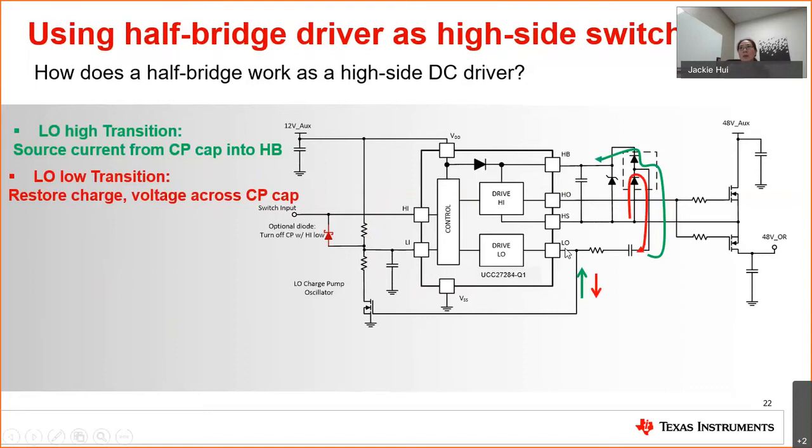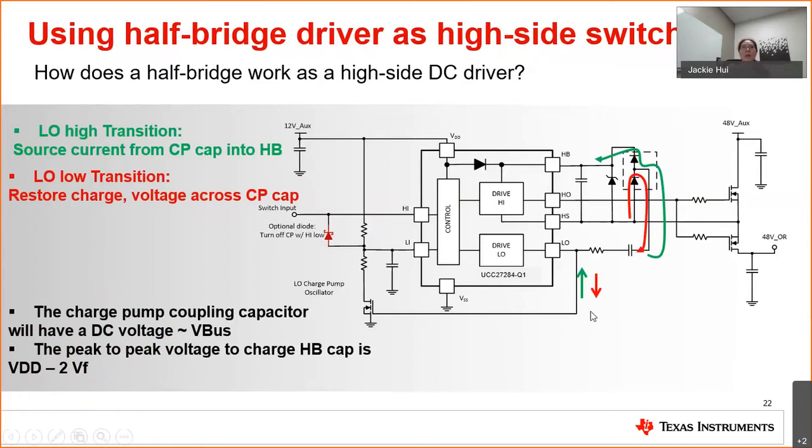Similarly, when the LO output is low, this charge pump cap is clamped with this diode back to the HS pin, which is your bus voltage, and it restores charge back to this charge pump cap.